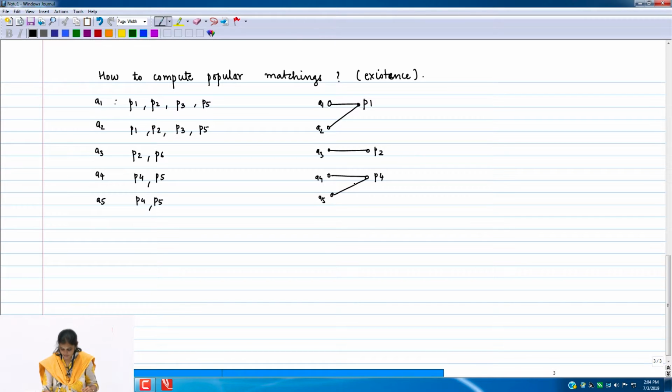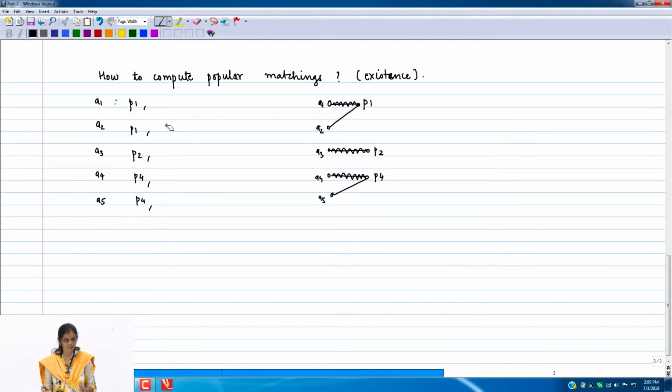We'll fix, let's say, A1 gets assigned to P1, A3 there is no conflict, A4 gets assigned to P4, right? I have still not deviated from the bipartite graph that I have drawn because the top choices remain the same.